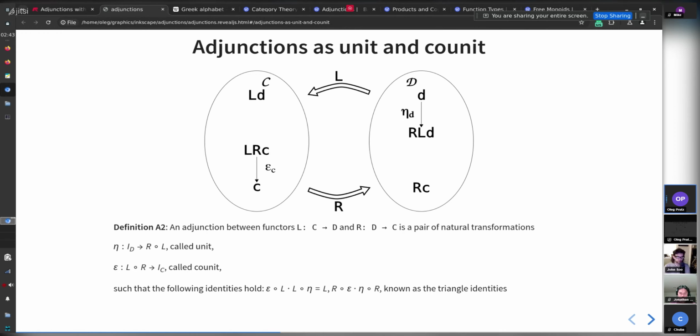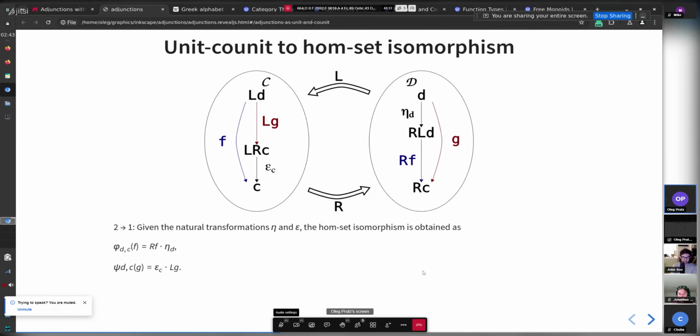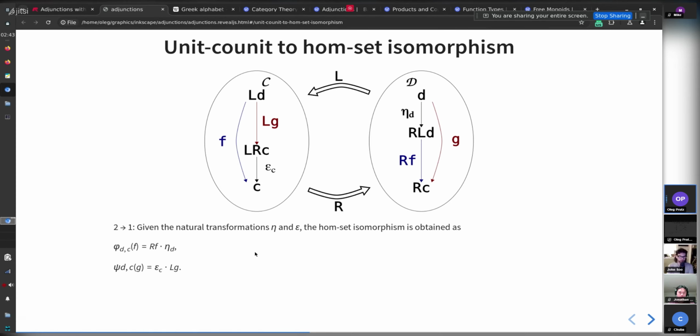Yeah, so these are two definitions of adjunctions. So any questions so far? Okay, no questions. So these definitions are equivalent, and this is how you express the hom set isomorphism in terms of the unit and co-unit.